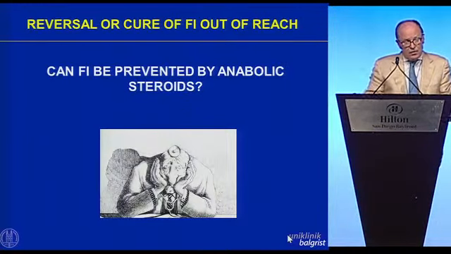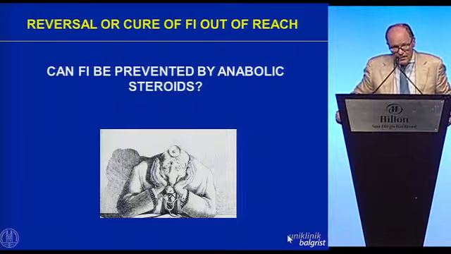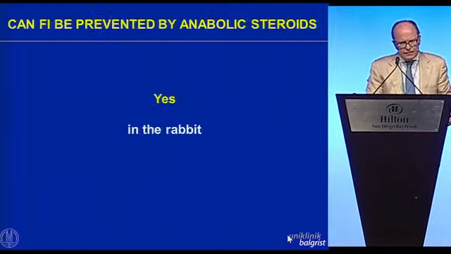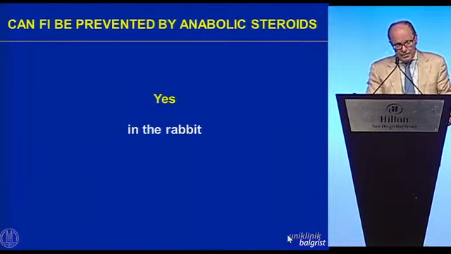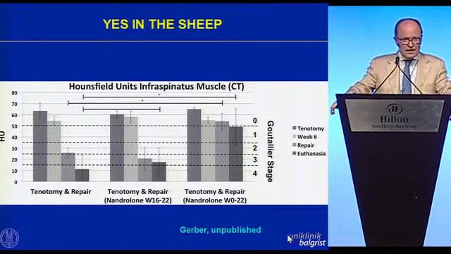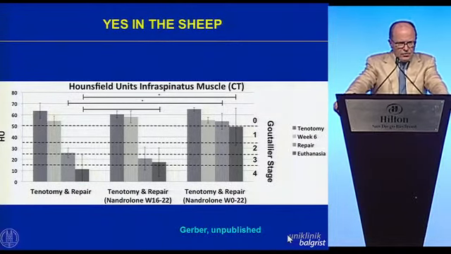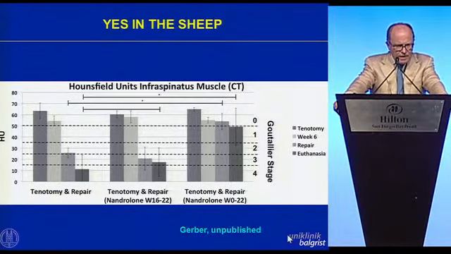So the question was, can it be prevented by anabolic steroids? The answer is yes, it can in the rabbit, and to make it short, yes, it can in the sheep. On the right-hand side, you see the graphs with fatty muscle infiltration in animals that are treated with anabolic steroids, and this can prevent fatty infiltration.